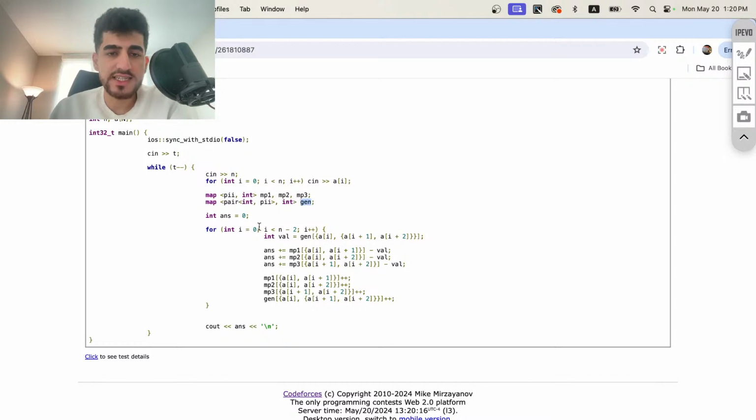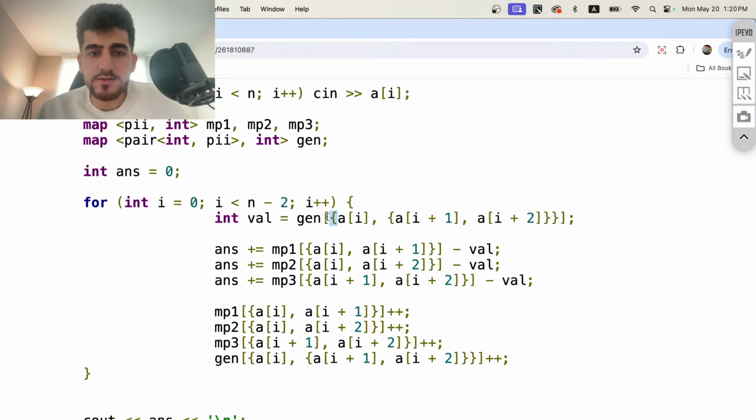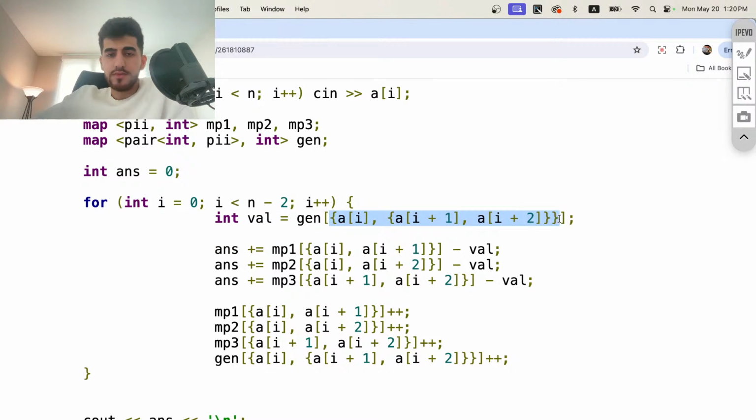Okay, and I do exactly the same thing I said. Whenever I get a triple, first I say that val is equal to gen of AI, AI plus 1, AI plus 2. As you see here, these signs show pairs. When I put a comma between them, it's just a pair of numbers. This one is a pair of a number and a pair of numbers.